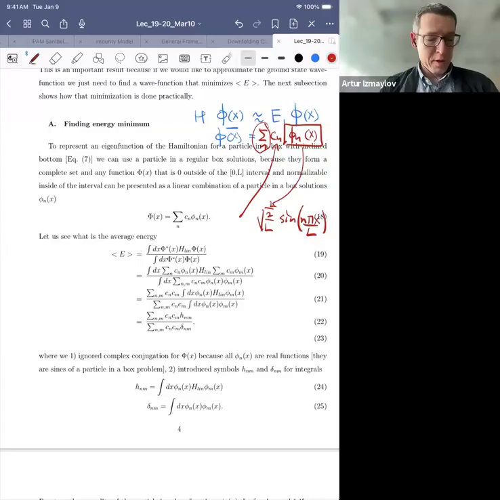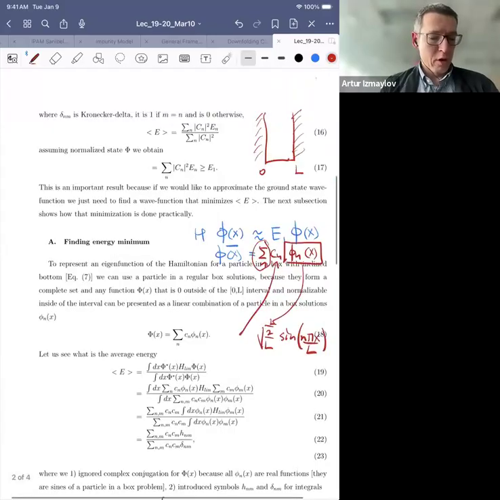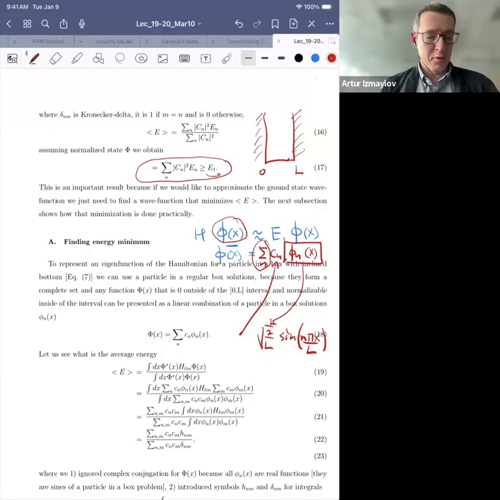The criterion will be very simple. We would like to come as close to the ground state as possible if we are trying to make this a ground state, right? We cannot miss the ground state. We will always approach that energy from above, according to this variational theorem.